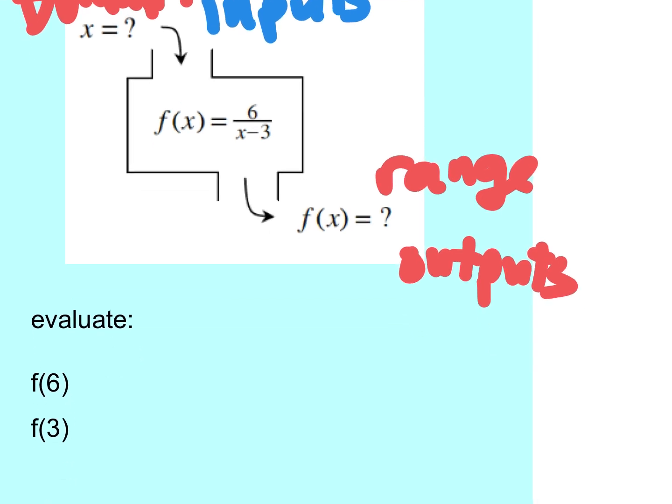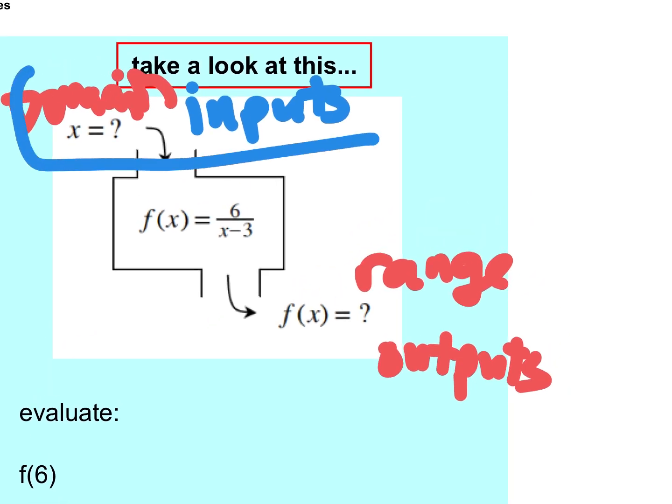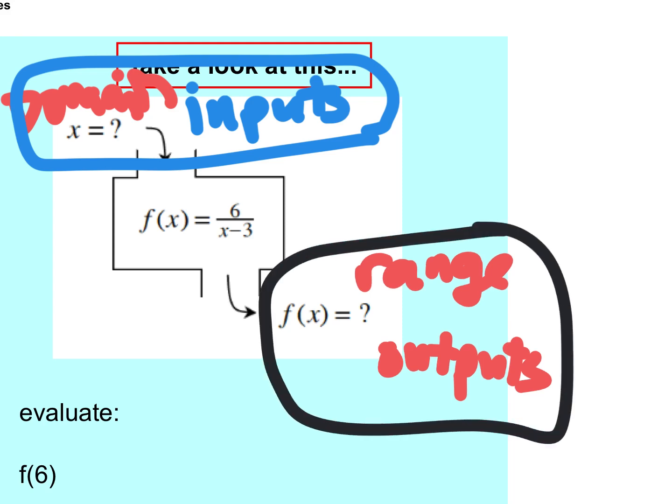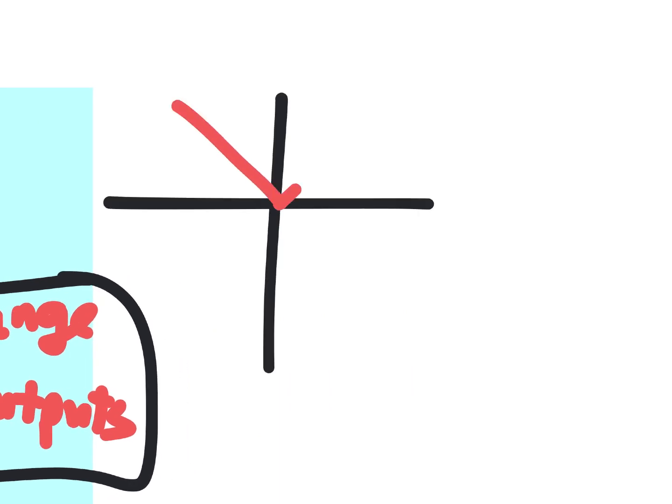And now, if I asked you what's the domain of the function, I'm really asking you what are the x values that you could stick in. And if I asked you the range of the function, that's like f of x, which is like the y values. So here's a picture. And here's a V shape. The x values, this is x.